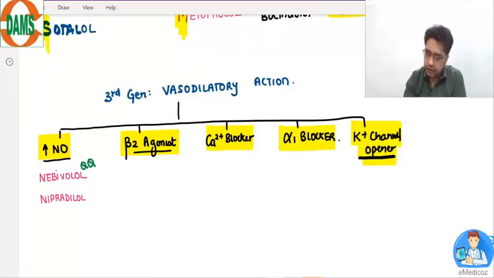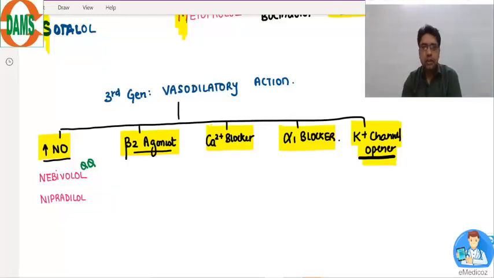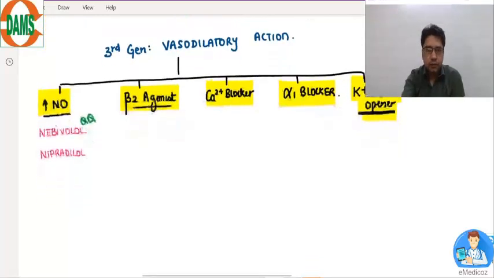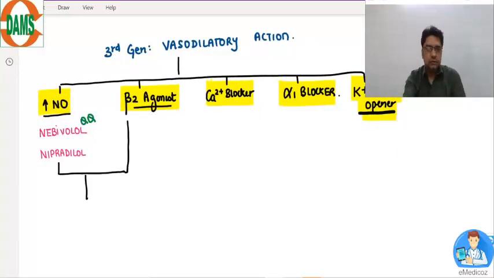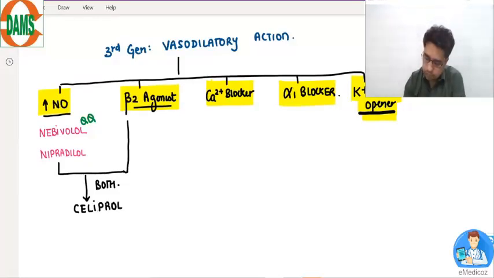Second point, you will write both action, that means both nitric oxide and beta 2 agonist property: celiprolol. Please mark it, commonly asked question.